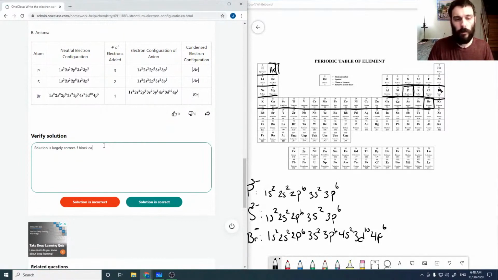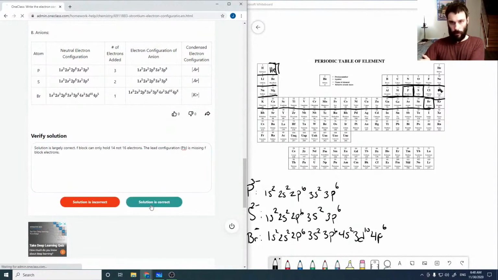F block can only hold 14, not 16 electrons. And the lead configuration is missing F block electrons. But it's, I would say, basically correct.